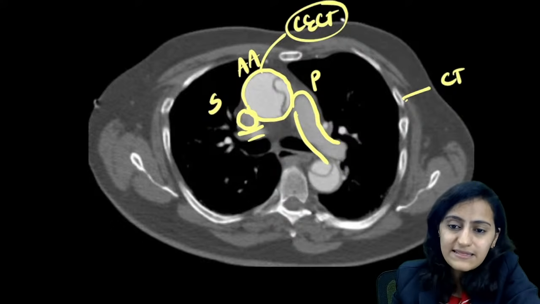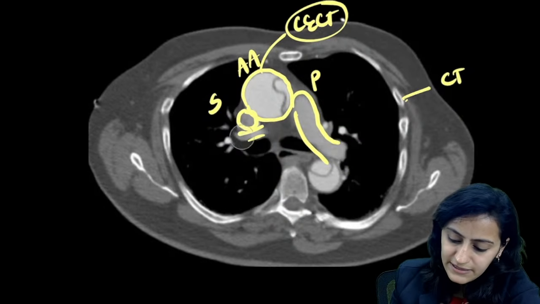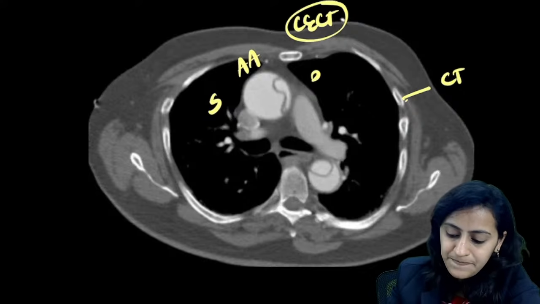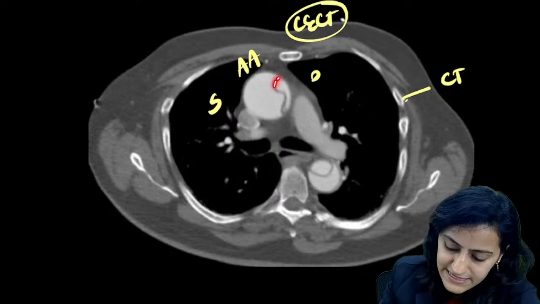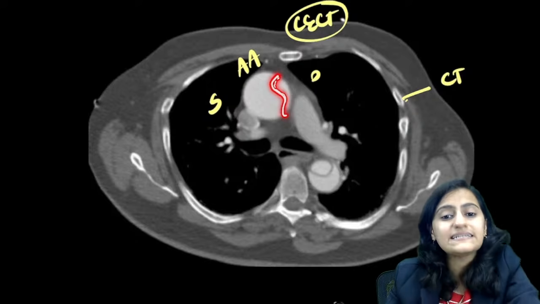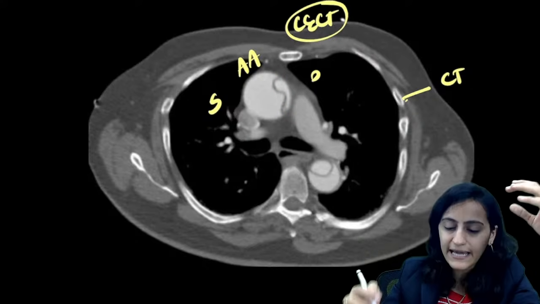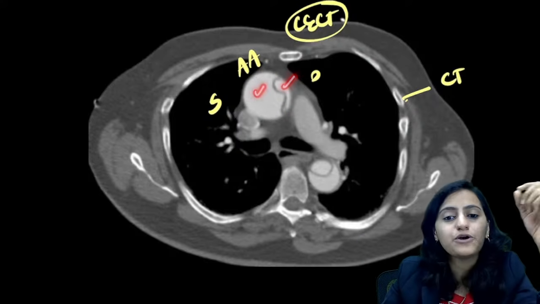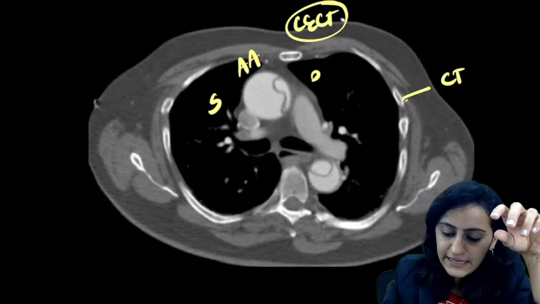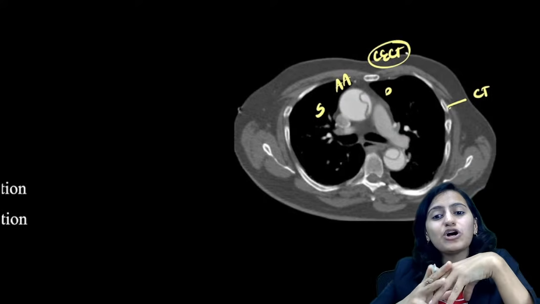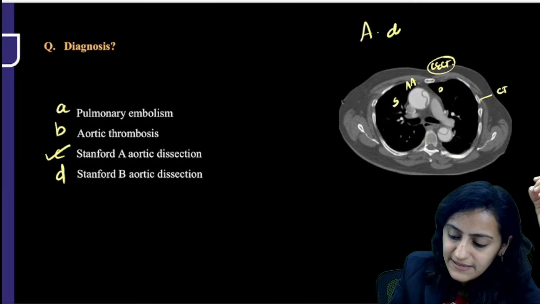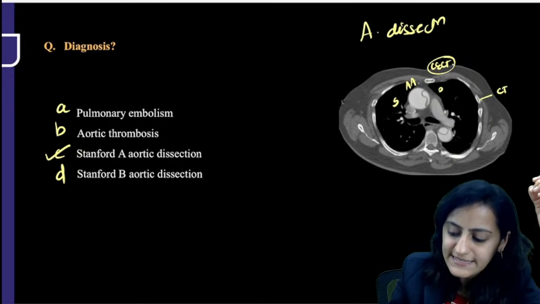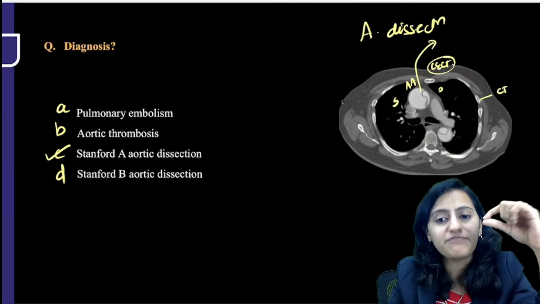So what we are seeing in this image is this dilated ascending aorta with this intimal flap. That black line is the flap, the intimal tear, which has divided the aorta into two lumens, right? So the aorta has got dissected, has got divided into two. So that is why this is aortic dissection with the intimal flap.